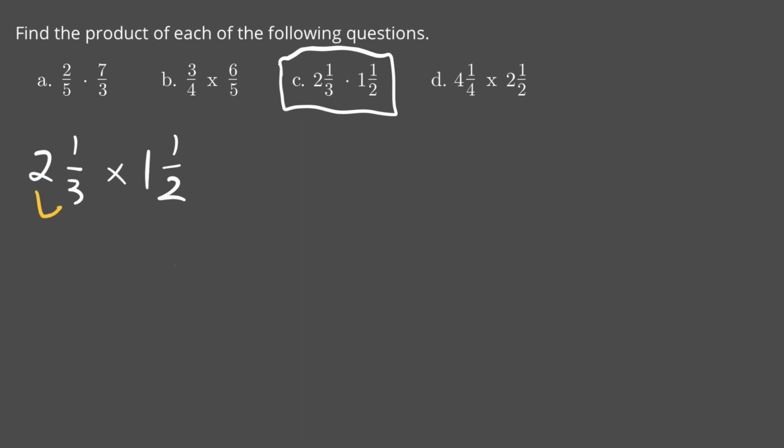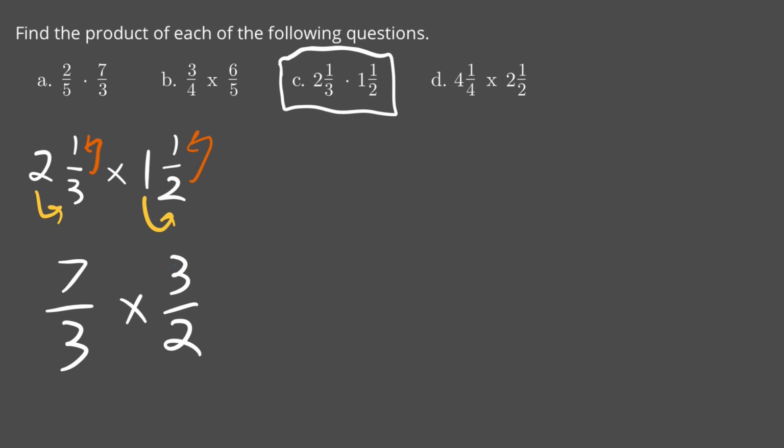We will multiply the whole number to the denominators and then add whatever value we get to the numerator. So to rewrite one more time, we have 2 times 3 plus 1, which is 7 over 3 for the first fraction, times, converting this mixed number, 1 times 2, which is 2 plus 1, that's 3 over 2.